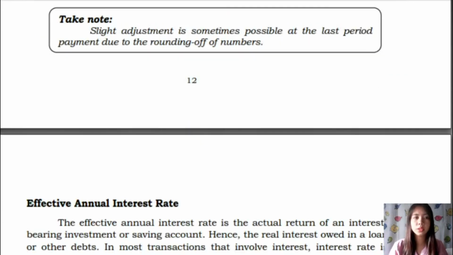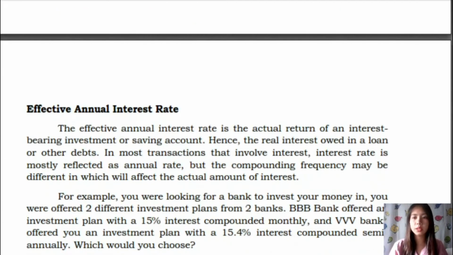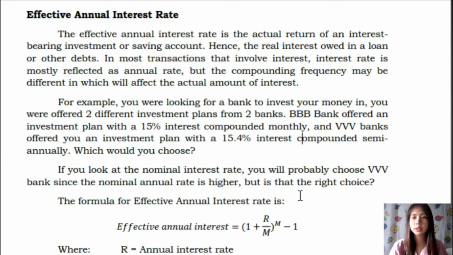So, let's go now to the effective annual interest rate. Okay, effective annual interest rate is the actual return of an interest-bearing investment or savings account. So, the real interest owed in a loan or other debts. In most transactions that involve interest, the rate is mostly reflected as an annual rate.